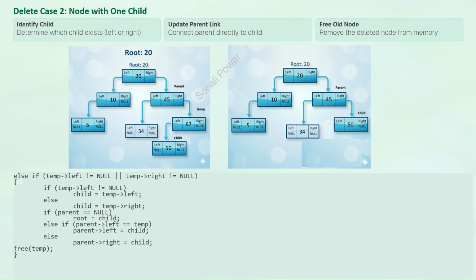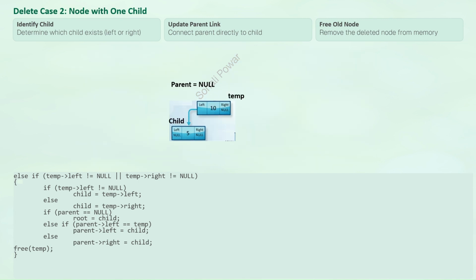Consider another situation. It means the element which I want to delete is the root of your tree. Now temp is the root of the tree. Now the parent of this temp will be null. When the parent is null, it means you want to delete the root of your tree. So I will say that if parent is equal to null, then how can I handle this situation?